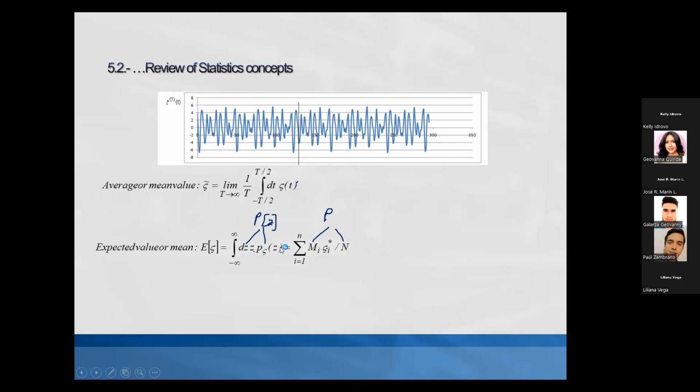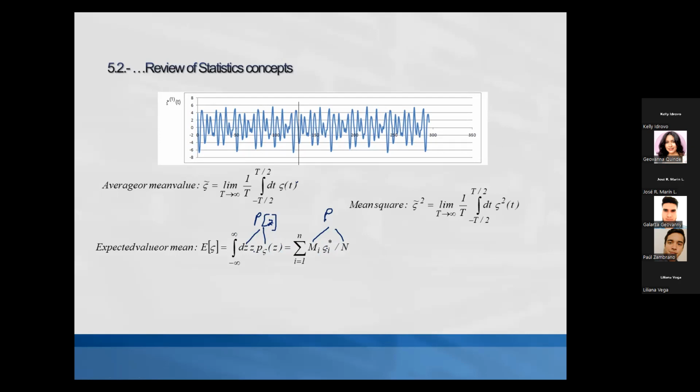Now, if instead of having the probability density, little p, we have a histogram, you can apply this formulation. And you can recognize that the product of this z times little p is a probability, which is equal to mi divided by n. So basically, this is a summation which approximates this integral. Remember that the integral is the summation to infinity.